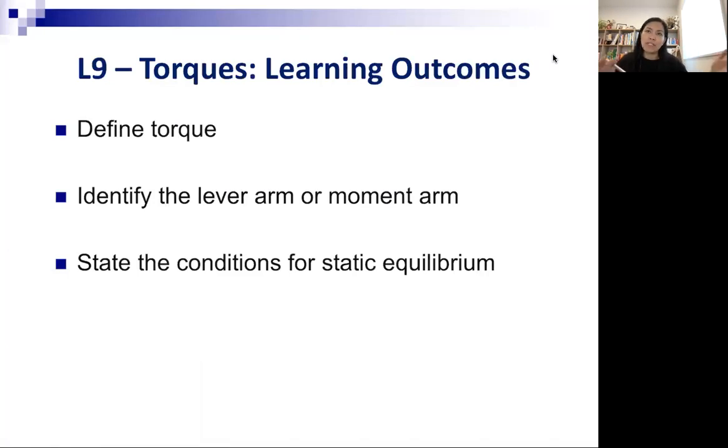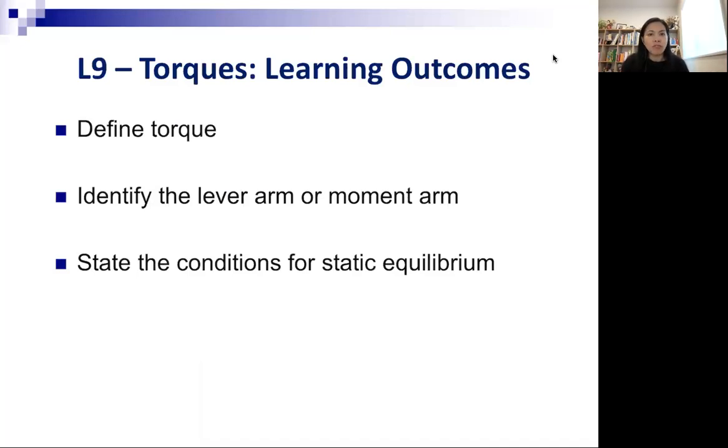So we said that force is what causes an object to accelerate or to move from rest. And so if you have a net force that's equal to 0, that means that acceleration is 0, meaning the velocity is constant, the speed and the direction does not change, right?